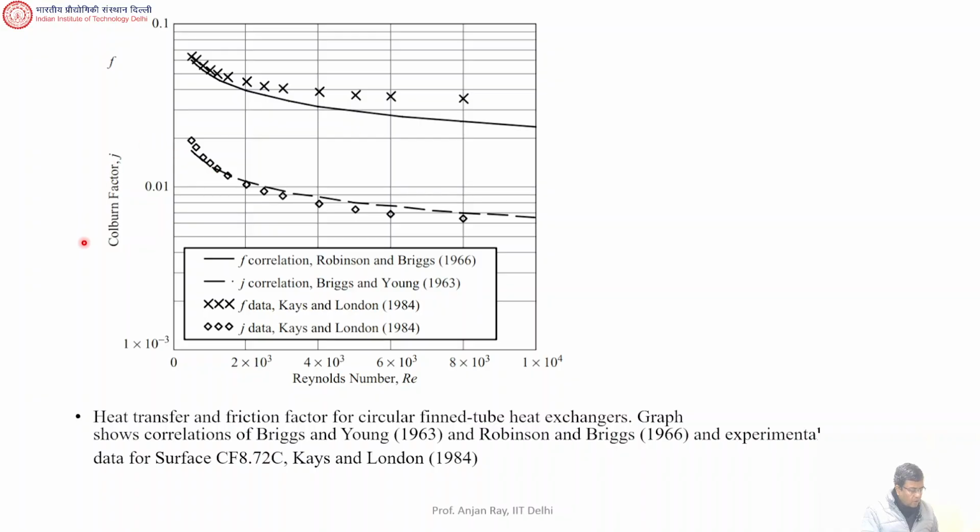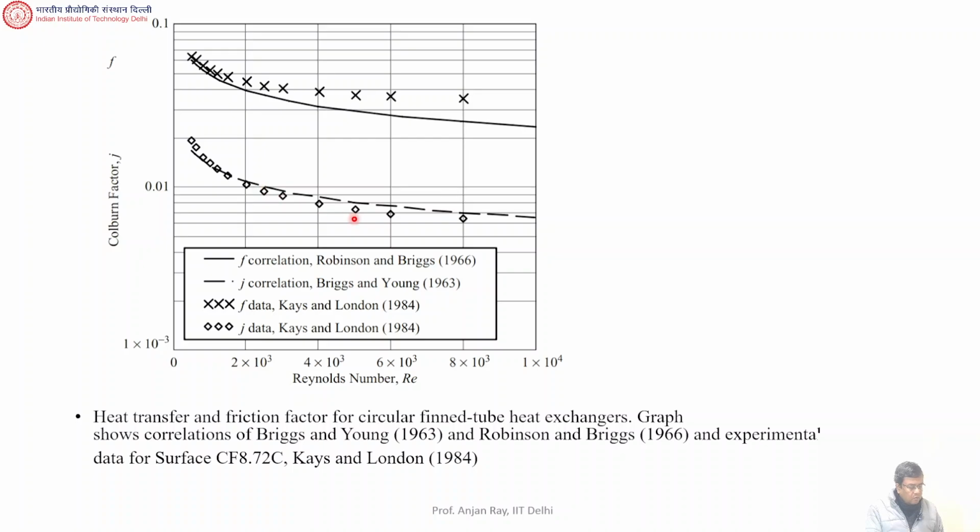This is a plot where the J factor and the friction factor are both plotted as a function of Reynolds number. The solid lines are from the correlations. So this is the correlation for the friction factor, this line given by Robinson and Briggs, that's why we wrote F RB.